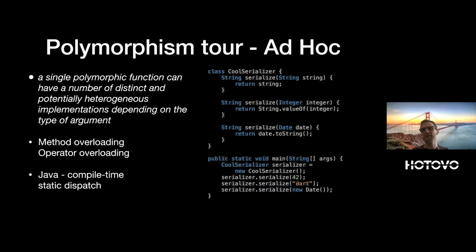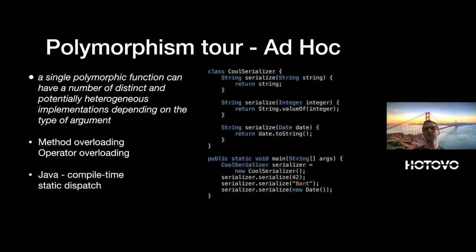So back to our example, we have the instance of the cool serializer here. And it can, of course, operate on the types that are supported by the overloaded methods, right? So you can already see the flaw in this design: if we want to support a different type, we would need to create a new implementation of the method, overload it again.